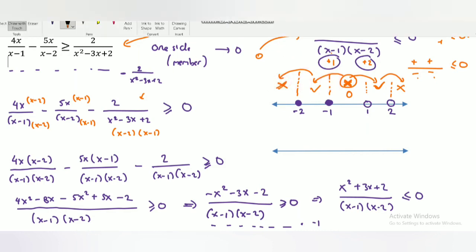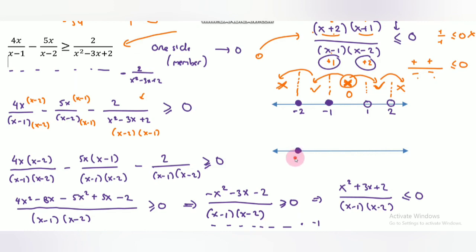So the final answer will be all values of x between negative 2 and negative 1 inclusively, and all values of x between 1 and 2 exclusively, since 1 and 2 are not included.